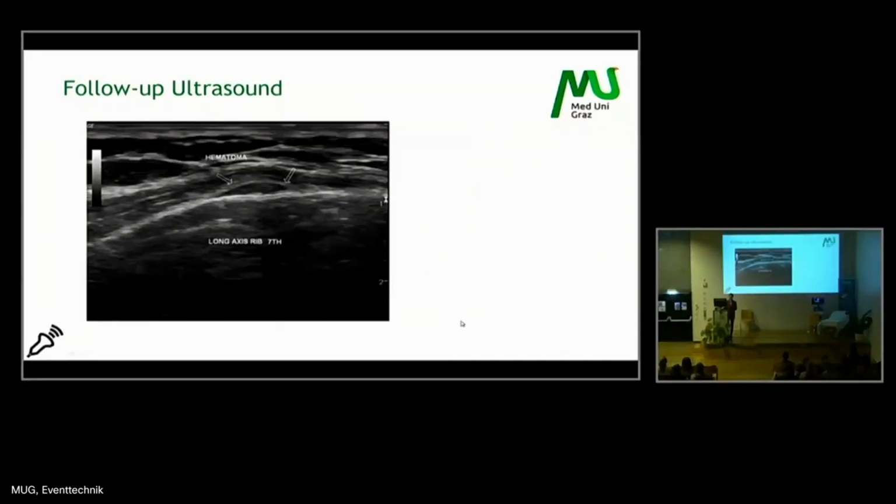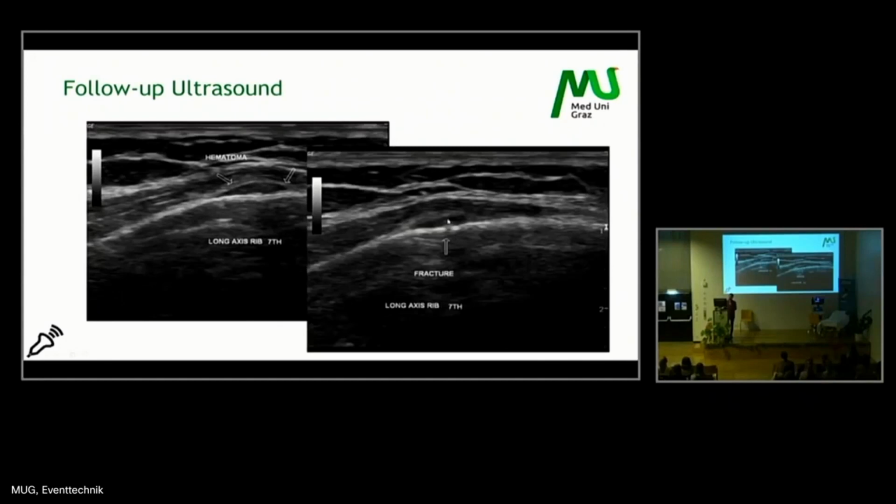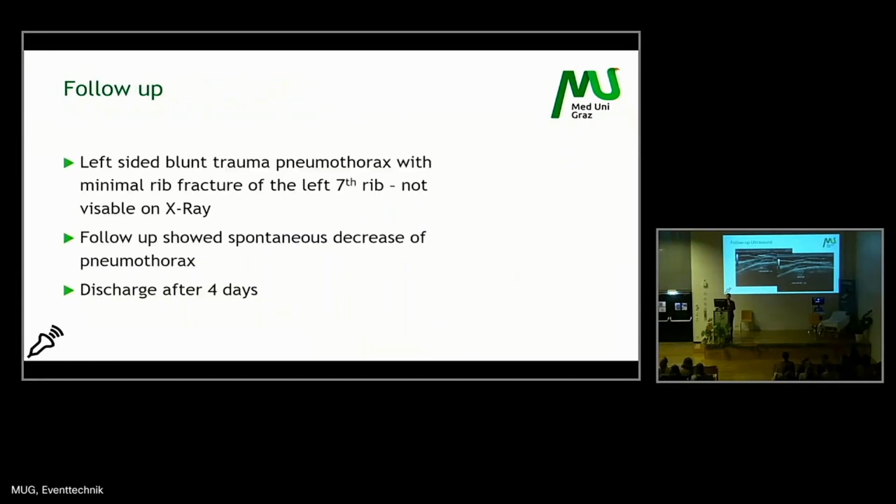A follow-up ultrasound showed a little hematoma adjacent to the 7th rib with a cortical fracture of this rib. I can't guarantee that in this case the rib fracture was the cause of the pneumothorax, or it could just be the trauma itself, but the rib fracture wasn't visible on X-ray.